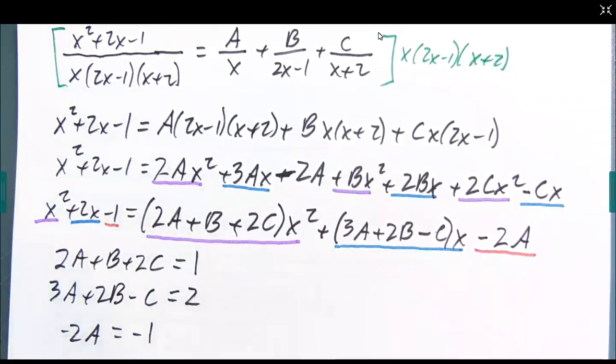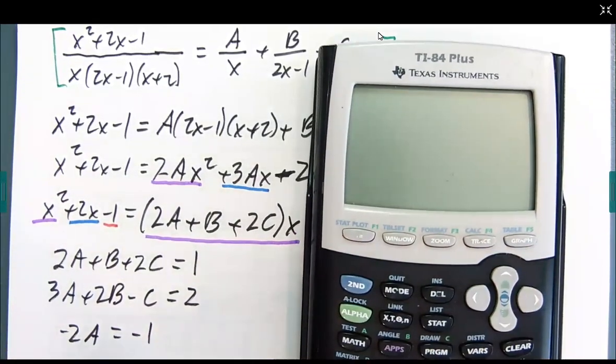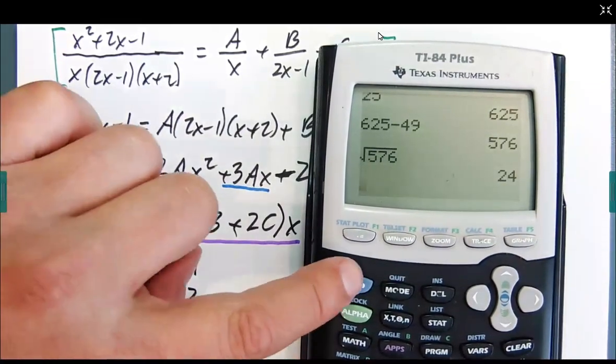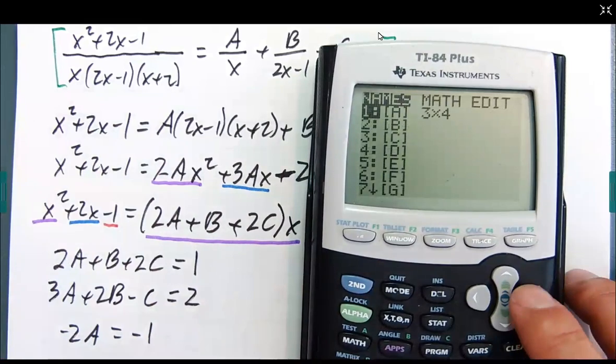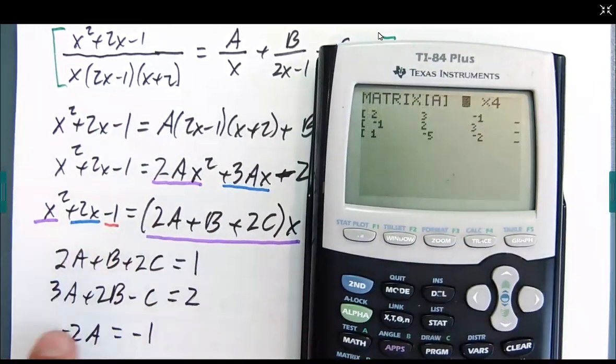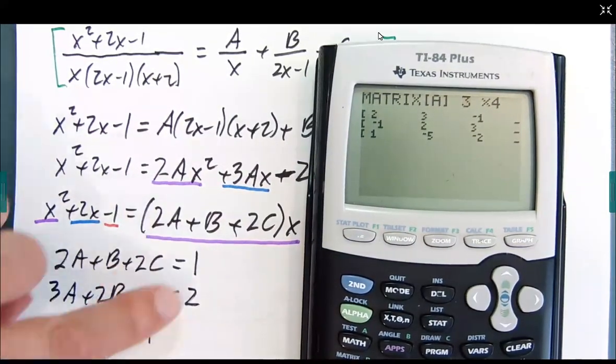And I'm going to show you a rapid way to do that with a graphing calculator. So I'm going to go to matrix, and I'm going to edit my matrix, and it needs to be 3 rows by 4 columns, the A's, the B's, the C's, and then the equals.